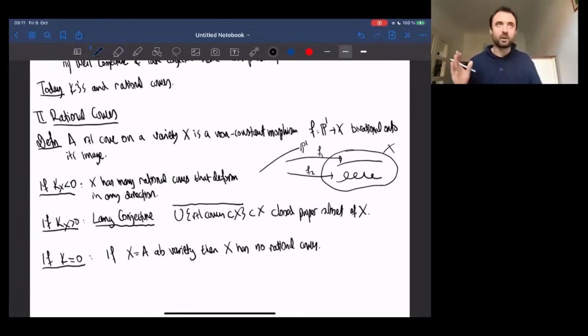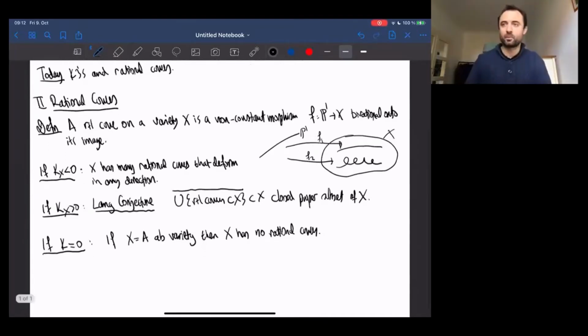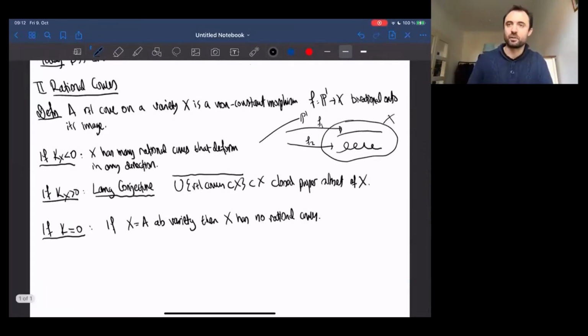Even though it is closer to having negative canonical divisor, it has absolutely zero rational curves. So as I said, K3s and abelian surfaces are the two big examples of Kodaira dimension 0 surfaces. So the question becomes, what can we expect for K3 surfaces?